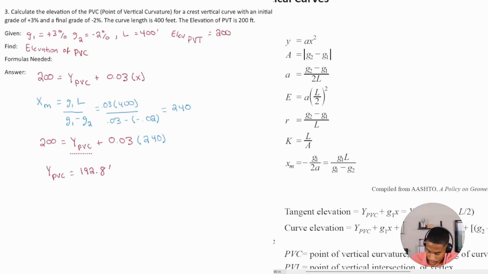So if you're thinking about this, it is a crest. So a crest just means that, you know, it's doing something like this. A sag is making like a happy face. That makes sense.